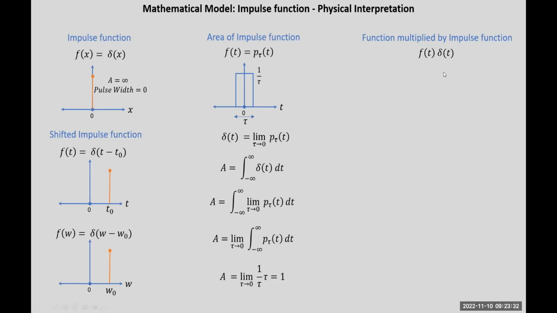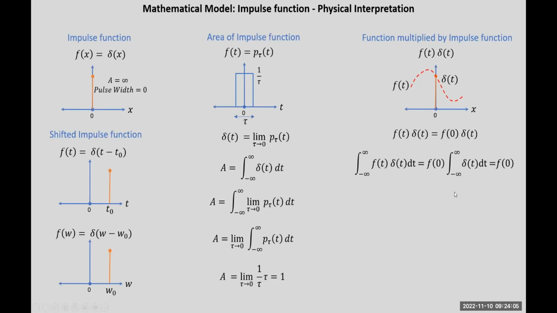When you multiply a function with delta t, it's quite obvious. One can see pictorially that the impulse function multiplied with any arbitrary function f of t will exist only at t equal to 0, and for the rest of the values of t, it will be 0. Therefore the product becomes f of t into delta t is equal to f of 0 into delta t.